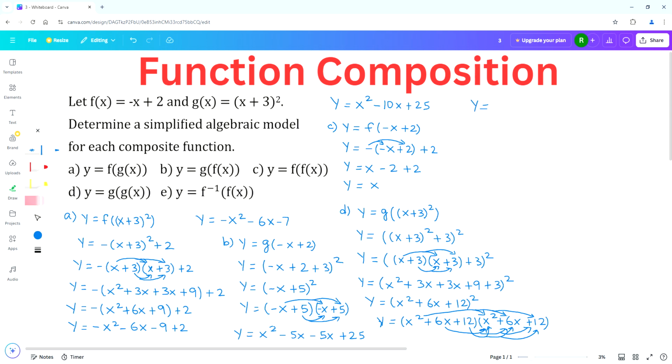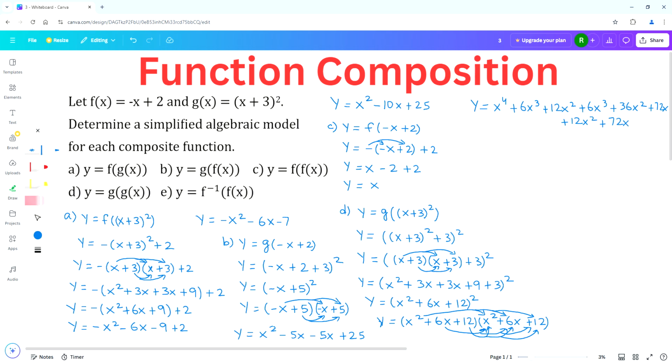x² times x² is x to the power 4. x² times 6x is 6x³. x² times 12 is 12x². 6x times x² is 6x³. 6x times 6x is 36x². 6x times 12 is 72x. 12 times x² is 12x². 12 times 6x is 72x.